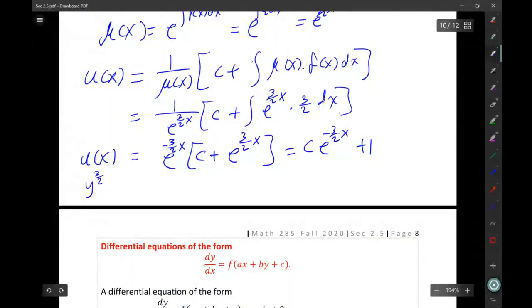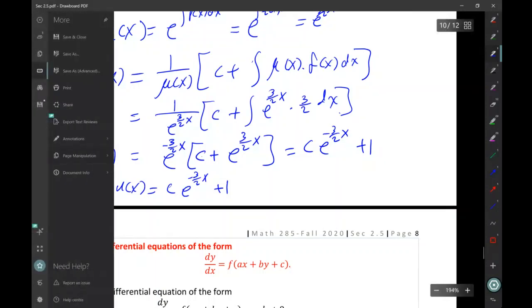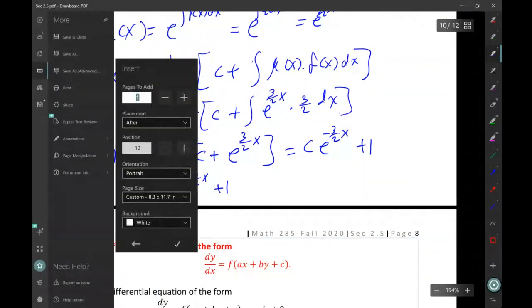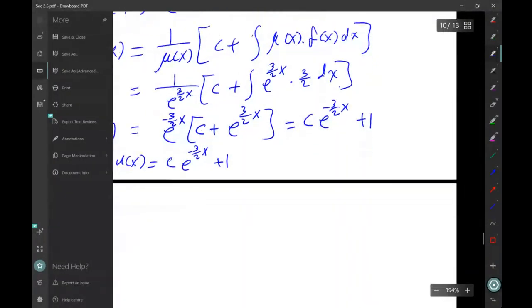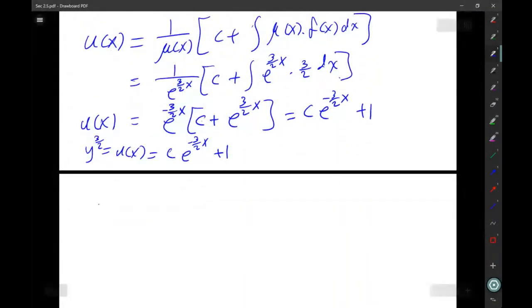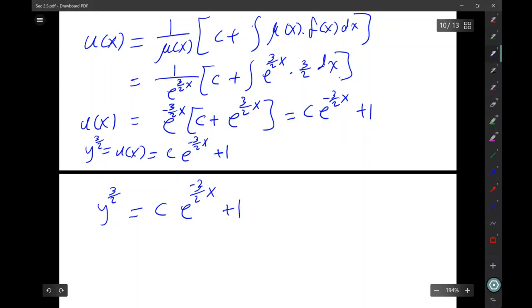So y to the power 3 by 2 is equal to u of x, which is equal to c e to the power minus 3 by 2 x plus 1. I think I need another page here. Let us complete the problem now. That means y to the power 3 by 2 is equal to c e to the power minus 3 by 2 x plus 1.